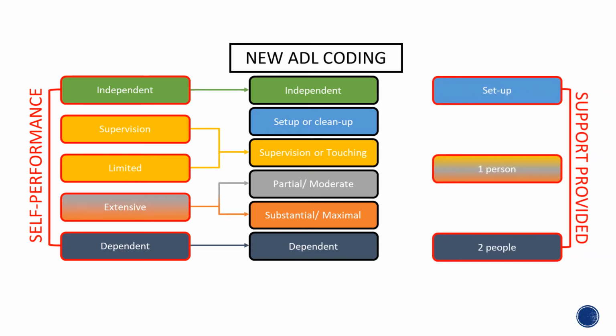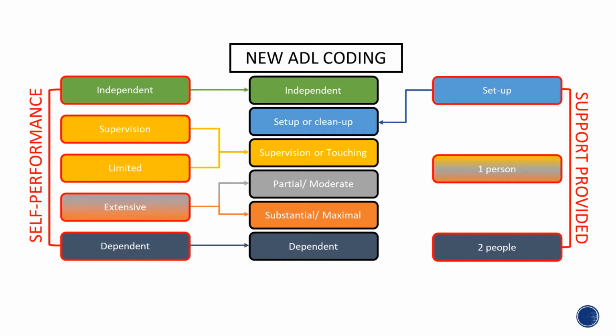Now let's turn our attention to how support provided fits into the new 6-point functional ability scale. Support provided was the second question we would be asked on the old system on each ADL. So if we coded setup support on somebody, this is now setup or cleanup.